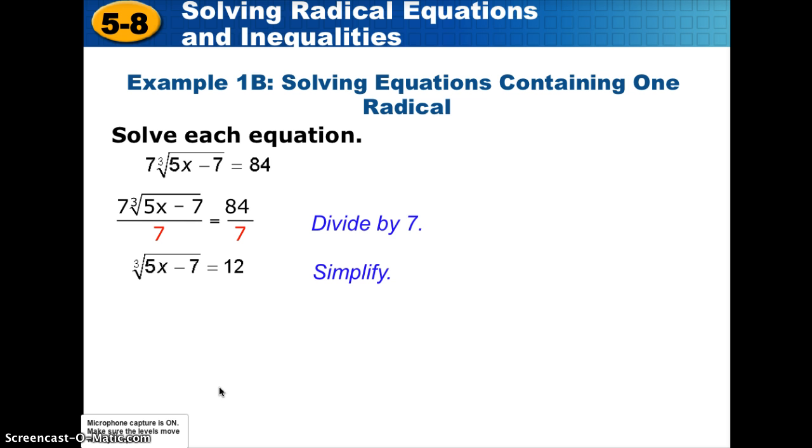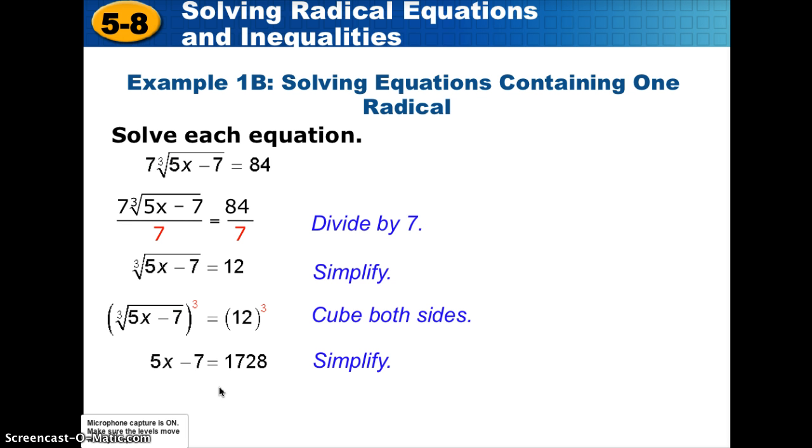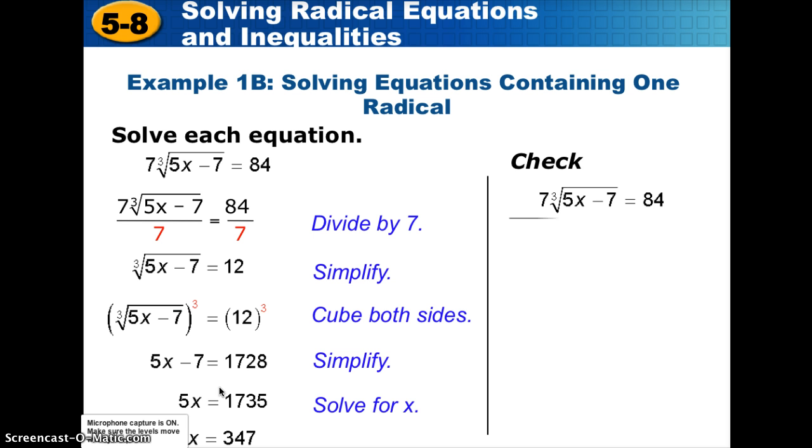Then, once we've got the radical symbol isolated on the left, we're going to raise both sides to the same power. In this case, we've got a cube root, so we're going to raise both sides to the third power, and that's going to leave on the left just 5x minus 7. On the right-hand side, you can see that we've got 1,728. 7 moves over to the other side, and then we divide both sides by 5.